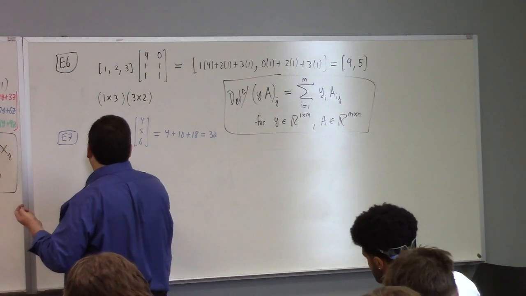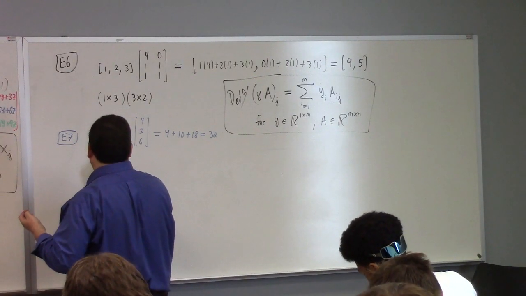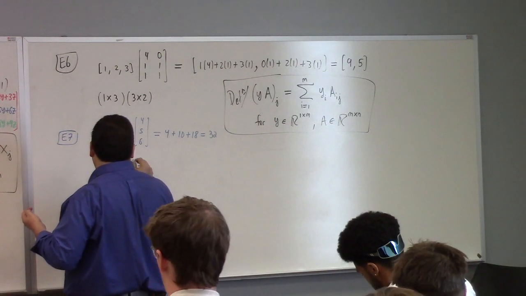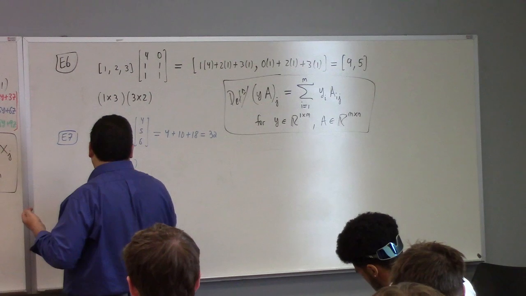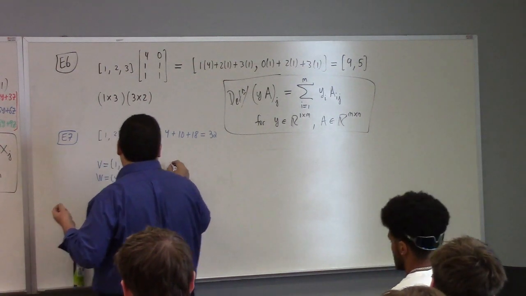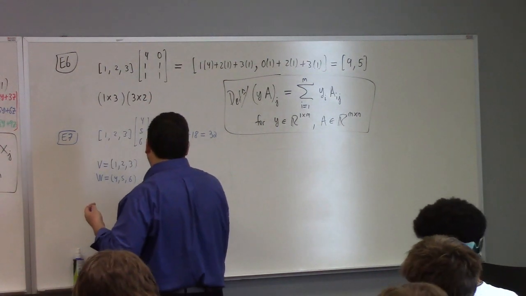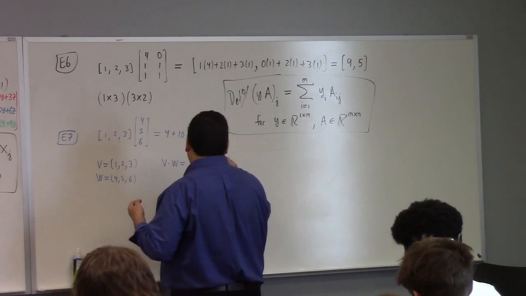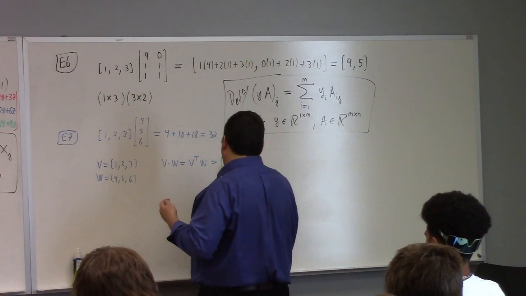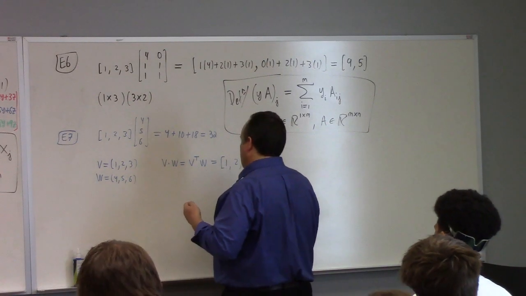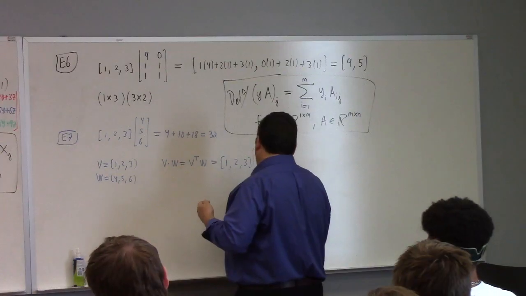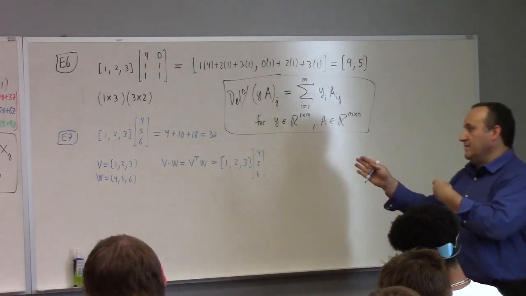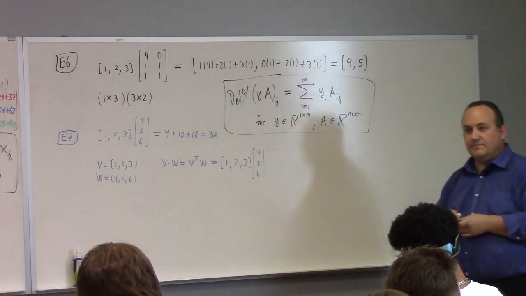It's a scalar, right? So if I say that the vector v is 1, 2, 3 and the vector w is 4, 5, 6, then v dot w I could write as v transpose times w, with the meaning that v transpose would be the row 1, 2, 3, and w is 4, 5, 6. So the dot product of two column vectors can be written as one transposed times the other, right?